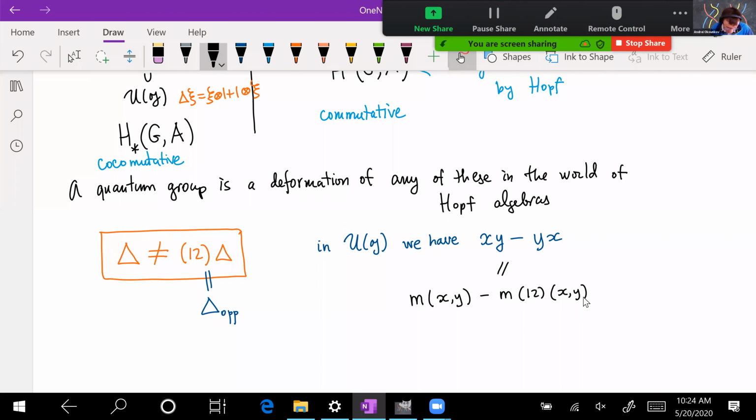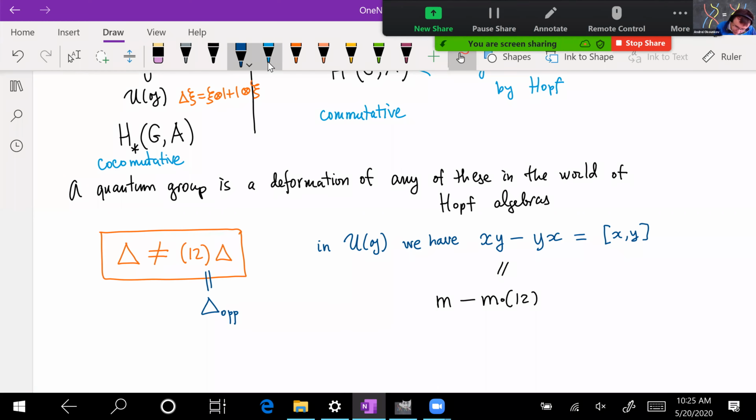So you want to compare the multiplication minus the multiplication with permutation. That's the commutation relation here. This is not some arbitrary element; in fact, it is a commutator of x and y.